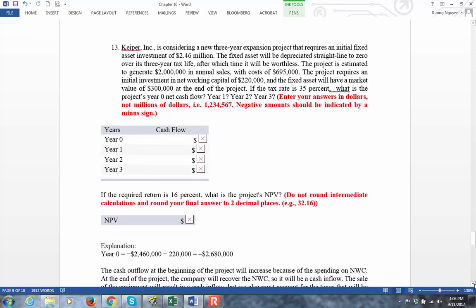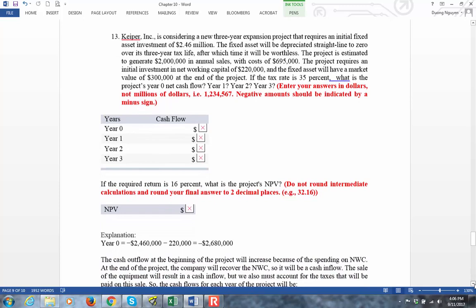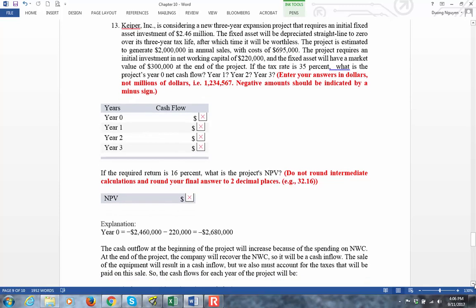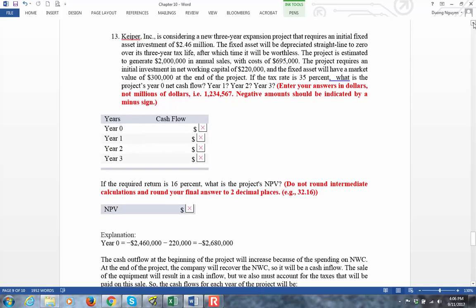Number 13 is very similar, except that you need to consider net working capital. For example, this company is considering a new 3-year expansion project that requires an initial fixed investment of $2.46 million.